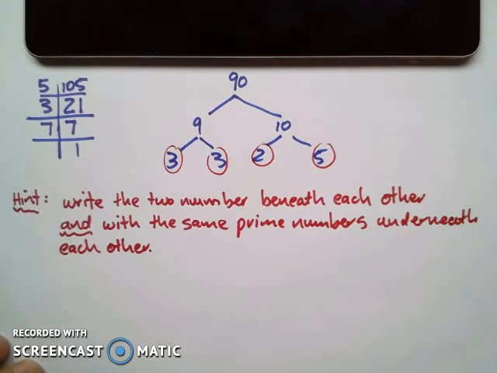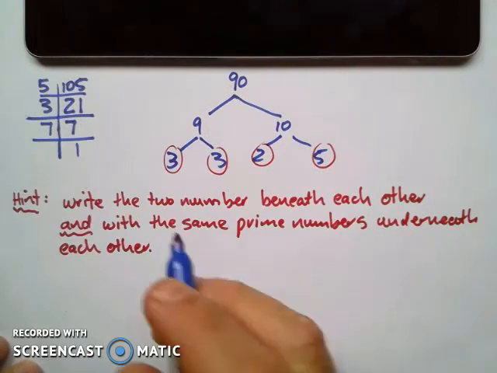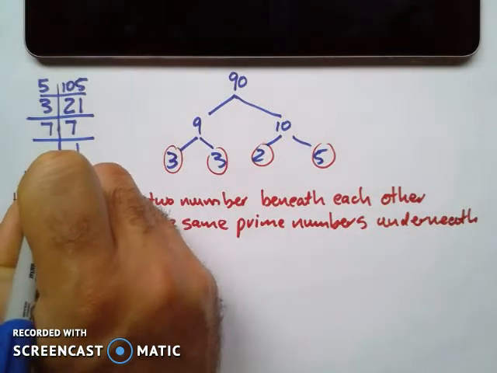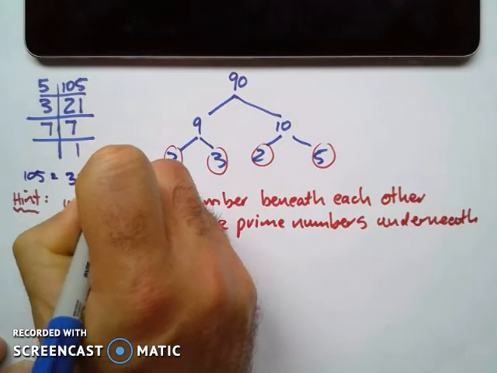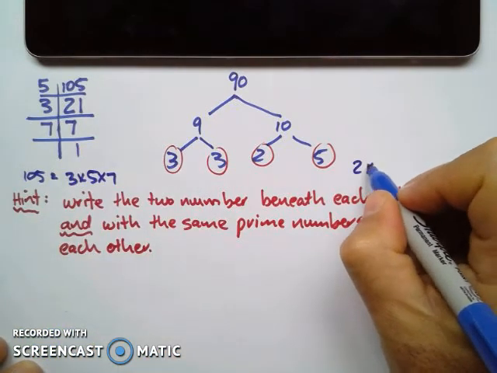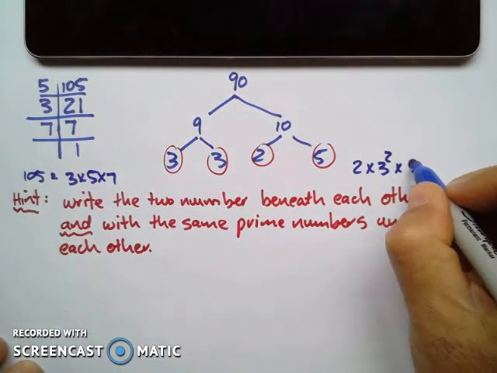So the hint is write the two numbers beneath each other, with the same prime numbers underneath each other. So 105 was 3 times 5 times 7, and 90 was 2 times 3 squared times 5.